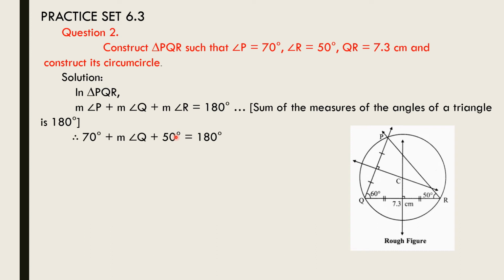Therefore measure of Q is equal to 180 minus 70 minus 50, that is equal to 60 degree. Therefore measure of angle Q is equal to 60 degree. Then after, you have to draw the triangle PQR, and after that draw the circumcircle of the triangle. First draw the rough figure.